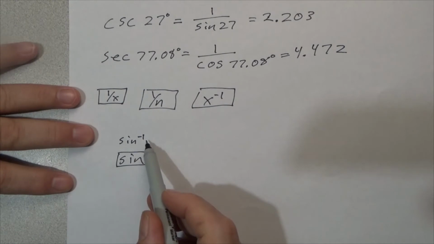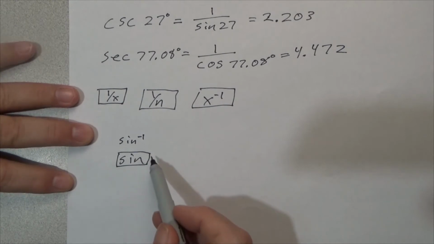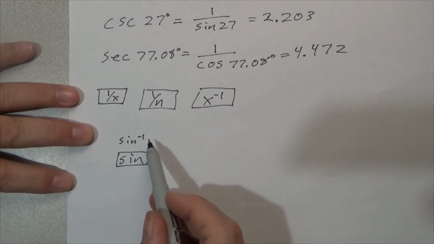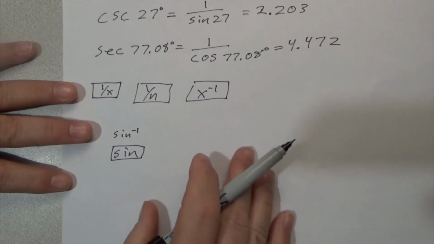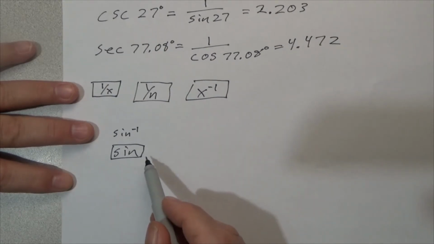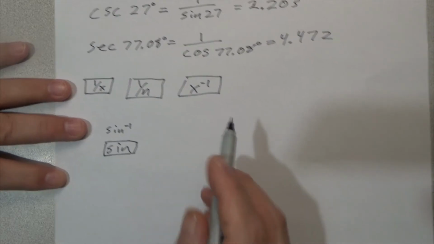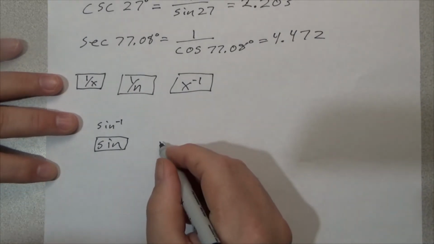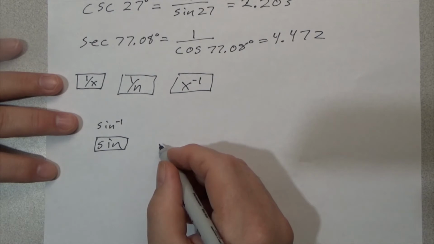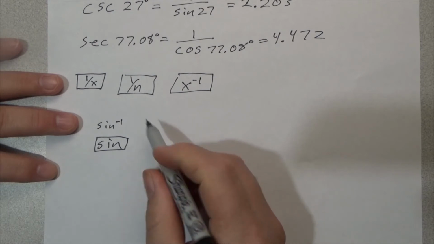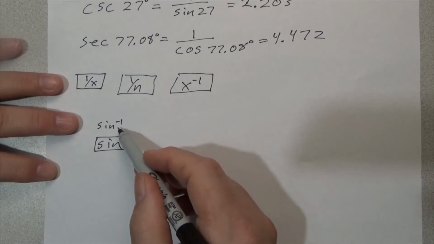This is said arc sine. This is sine, this is arc sine. We use the sine, cosine, and tangent buttons when we have the angle and we're looking for the ratio. We use the arc sine button when we have the ratio and we're looking for the angle.